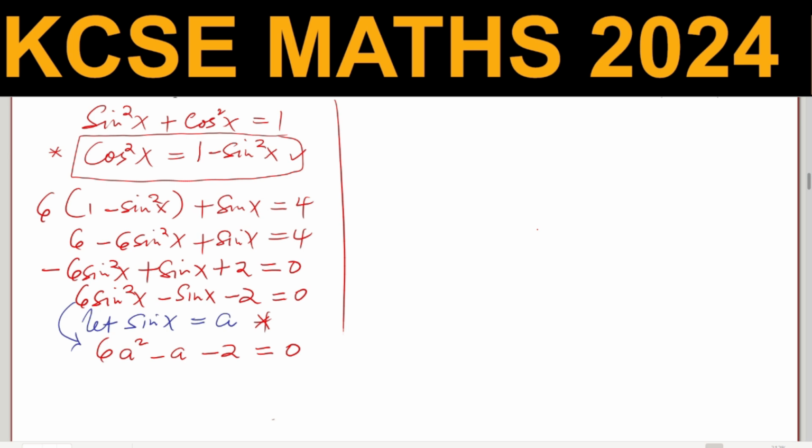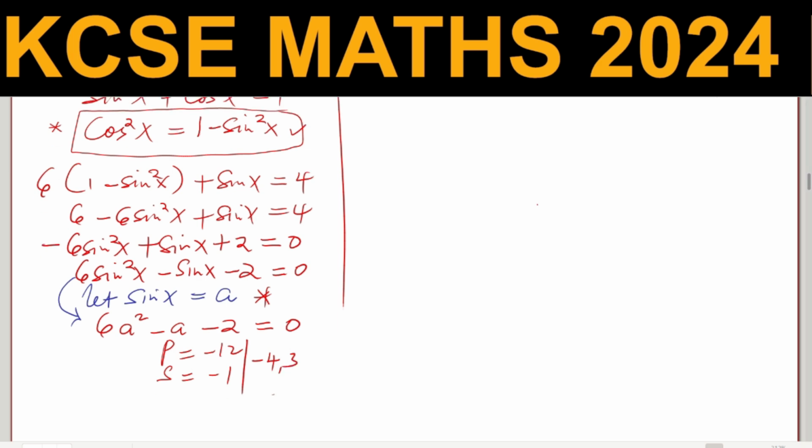I'll use factorization, where I'll get two numbers whose product is negative 12 and sum is negative 1. Those two numbers are negative 4 and 3. So let me substitute them here.